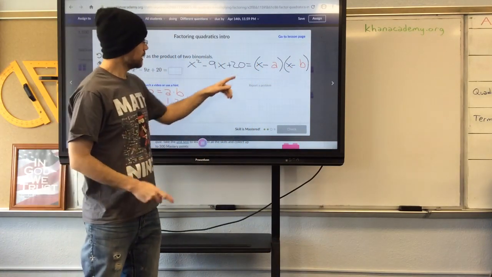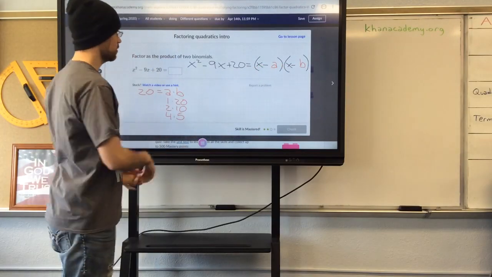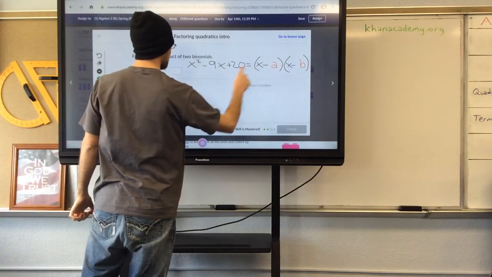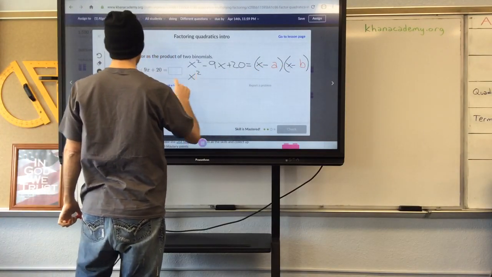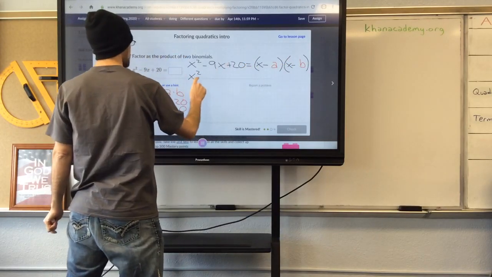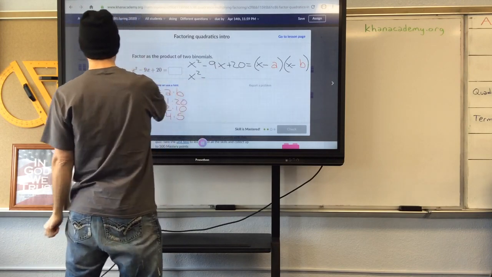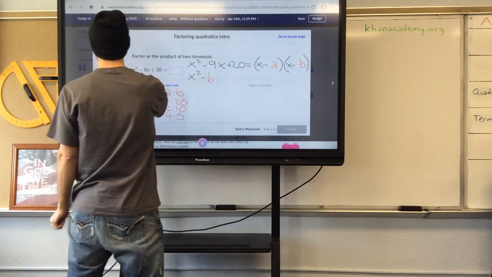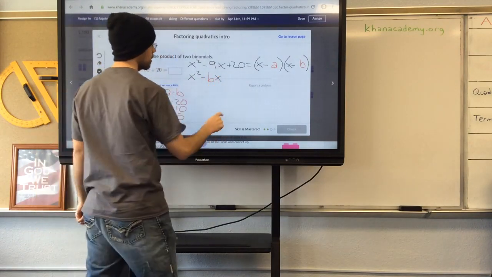Now, let's multiply this out and see what it looks like. It goes x times x is x squared. X times negative b is negative bx.